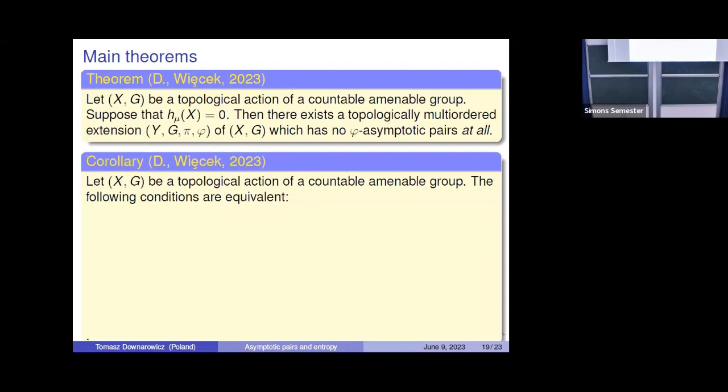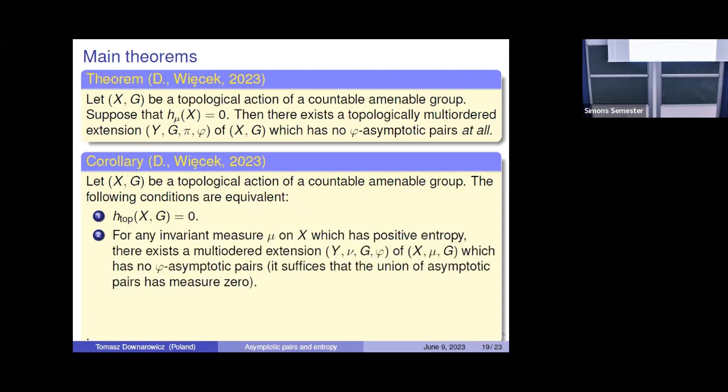So as a corollary, we get that if we have a topological action, the following conditions are equivalent. The topological entropy, now I wrote correctly, topological is positive. Oh, I was so excited that I have the correct subscript that maybe I made the following statement wrong.